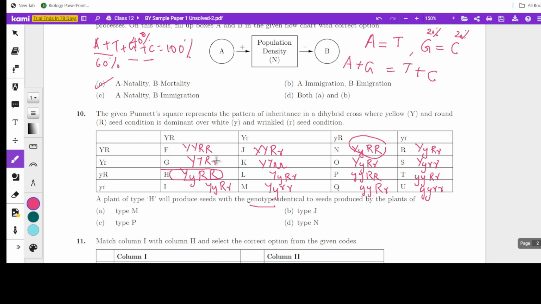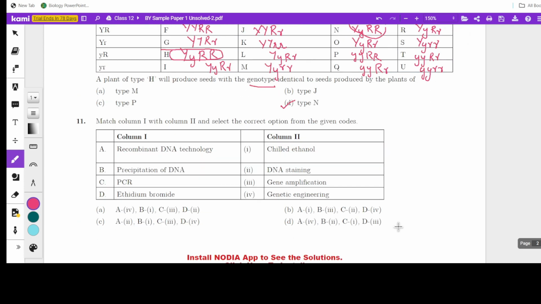So both are identical. So the answer is type N. I hope you understood how to solve this. And children, if you are able to solve without writing this table, that's quite fine. And if you are finding it confusing, please solve the table and then write it. It will not take much time for you to do this.